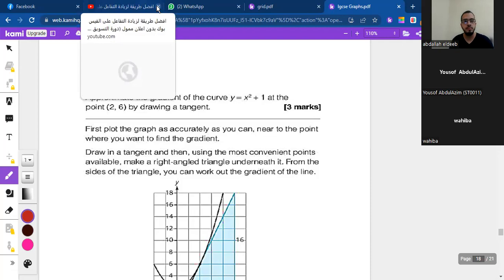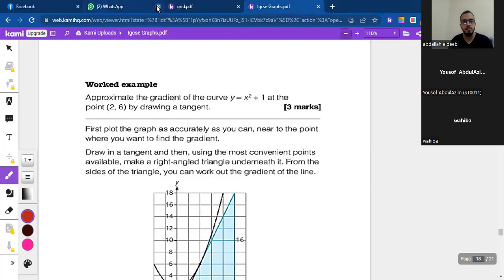Approximate the gradient of the curve y equals x squared plus 1 at the point 2, 6 by drawing a tangent. Don't read the explanation, just the question. He says approximate the gradient.